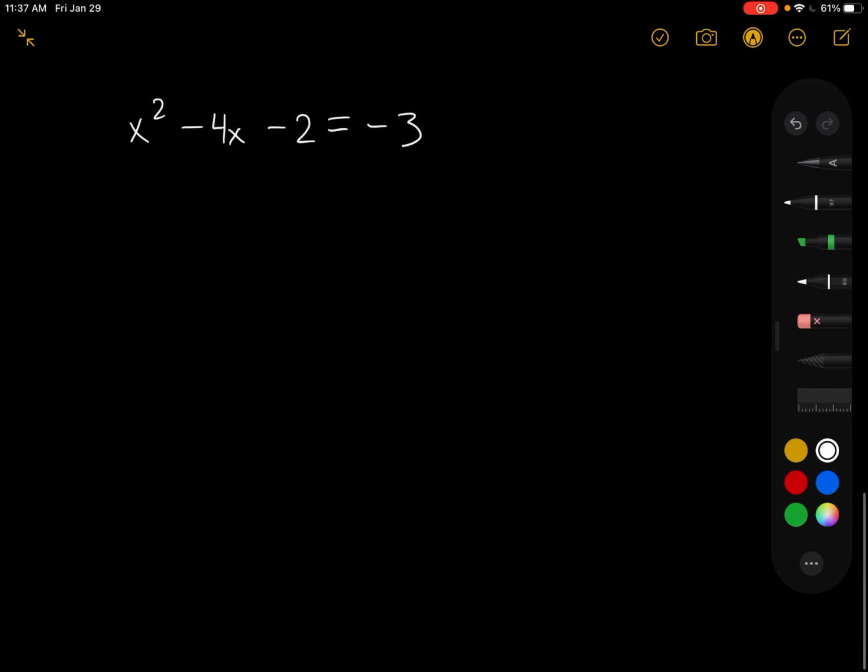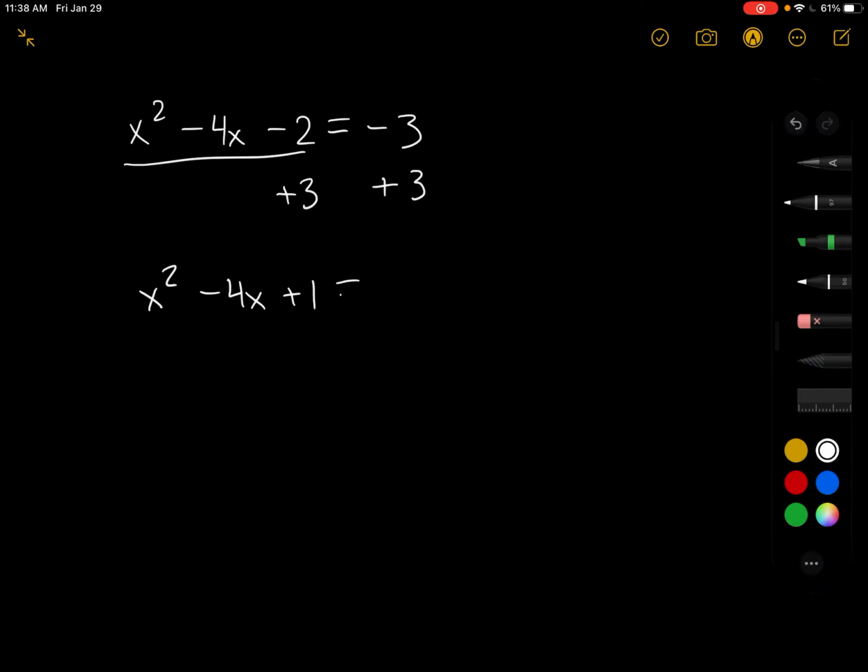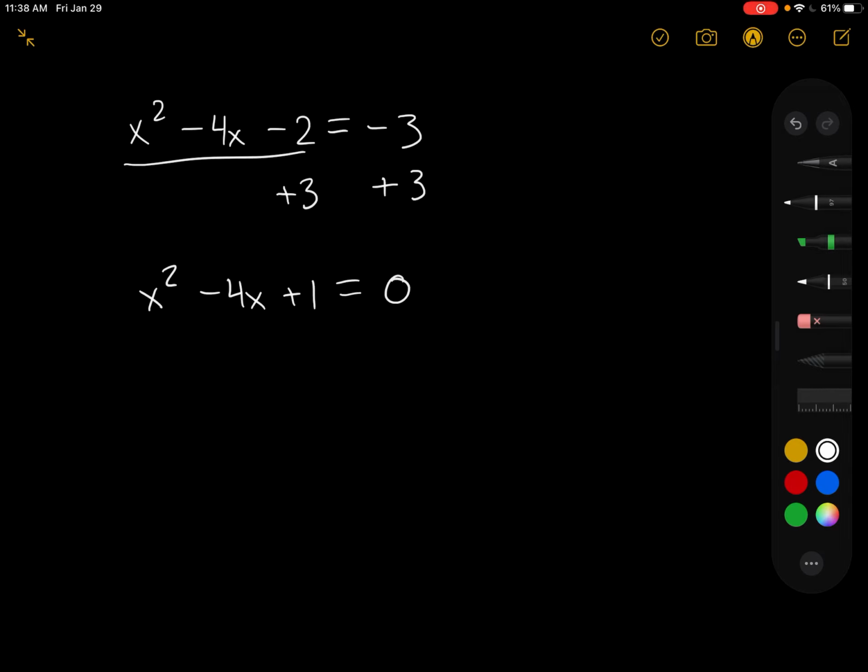You can't factor this until this is a 0. So basically what you need to do to solve a question like this is add 3 to both sides. You'll get x squared minus 4x plus 1 equals 0. And because this is equal to 0, now you can go through and do your factoring steps and solve.